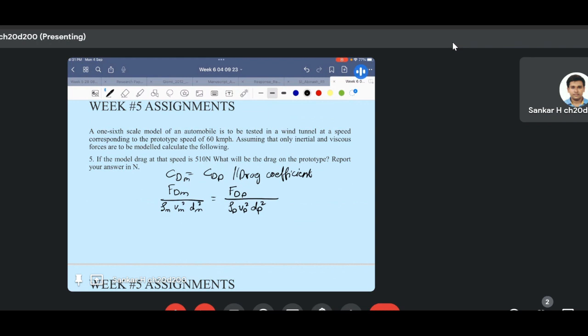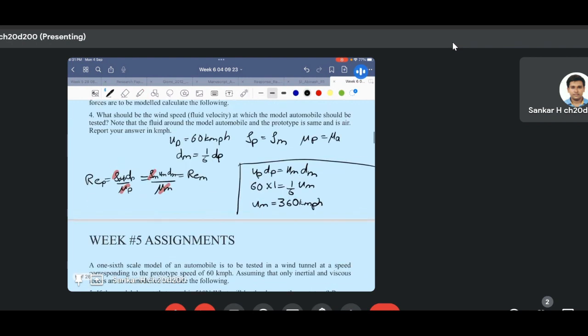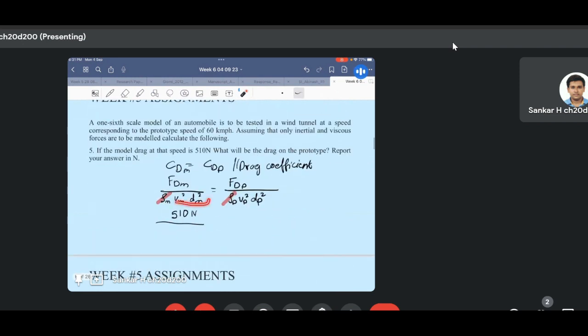Now it is given that the model drag is 510 Newton, and it is known that the densities are the same, and we also have equated u times d of the model to be equal to u times d of the prototype.